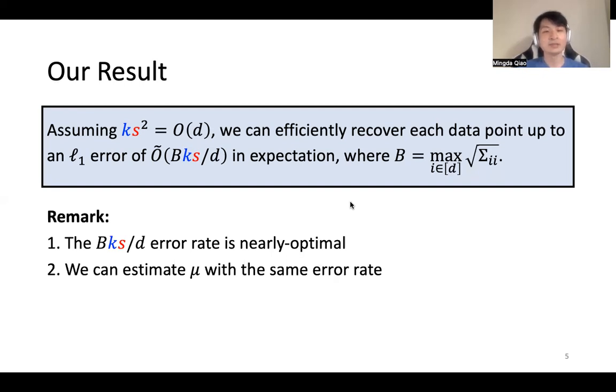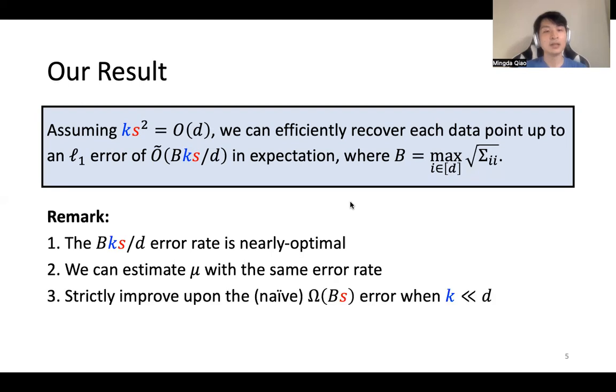Concretely, we can estimate the mean vector mu up to an L1 error that satisfies the same error bound. And thirdly, given this mean estimation guarantee, it's natural to ask whether we can recover each coordinate of mu separately. We can verify that doing this naively will give an error that scales as B times s, which is much higher if k is much smaller than d.